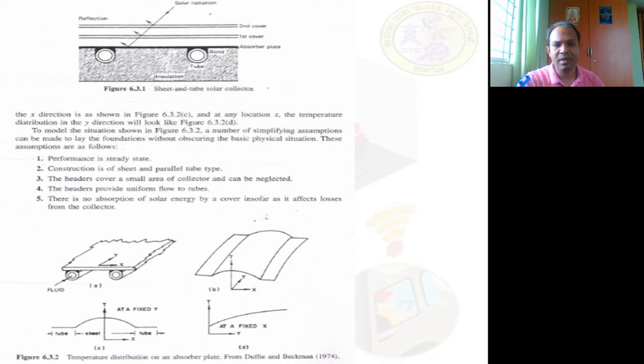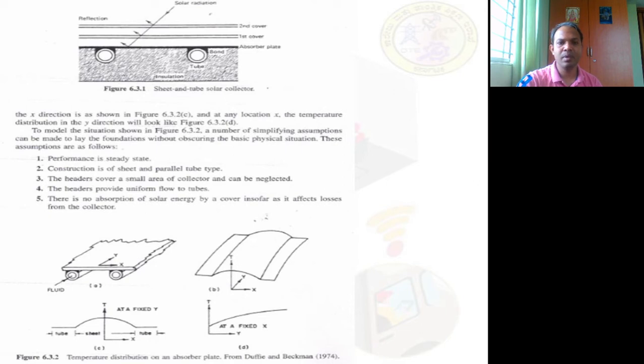These assumptions are also followed. Performance is steady state, that is what we have observed, and the construction is of the sheet and parallel tubes type. The headers cover a small area of the collector and can be neglected. That is, the thickness is always neglected because it is very thin in nature. The header provides a uniform flow to the tubes.